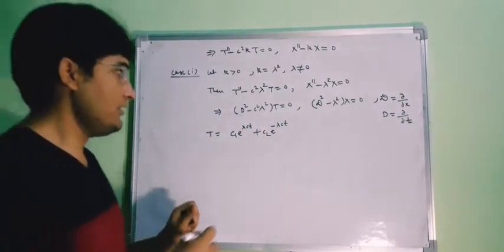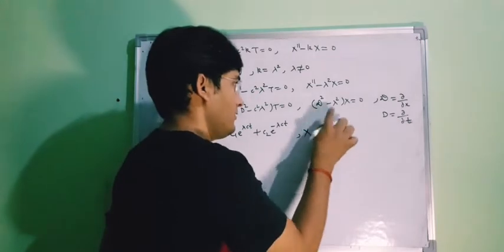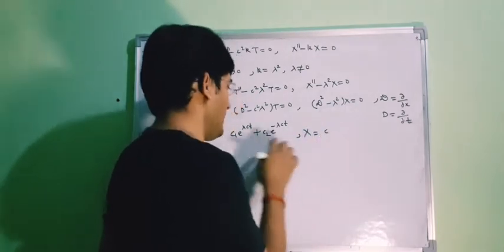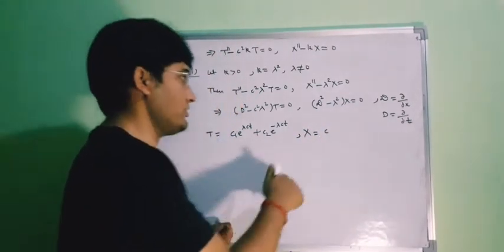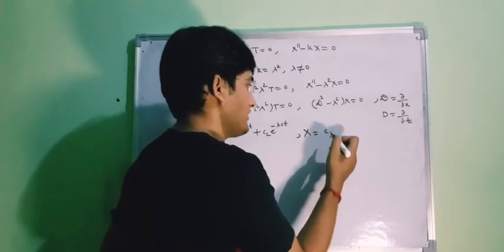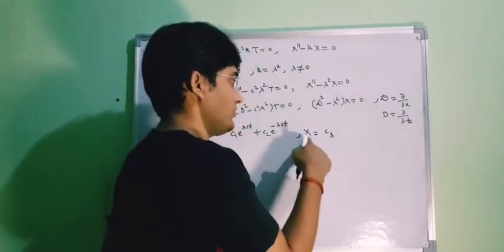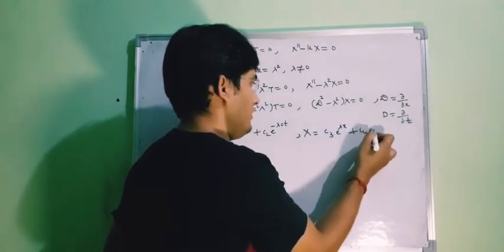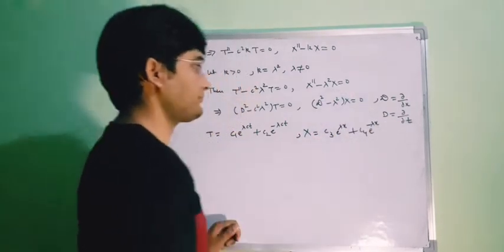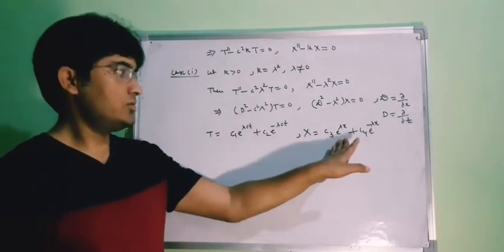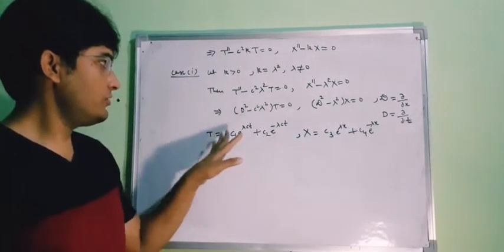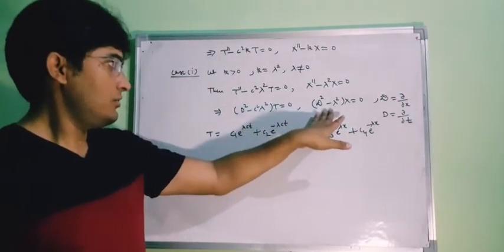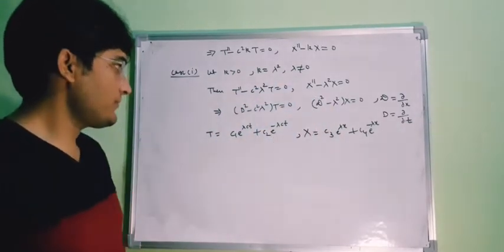So this is your T, and from here X will be, since we have already used C1 and C2, let us assume the constants as C3 and C4: X equals C3 e^(λx) plus C4 e^(−λx). So these are the solutions of these differential equations.